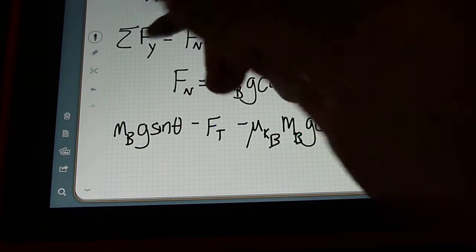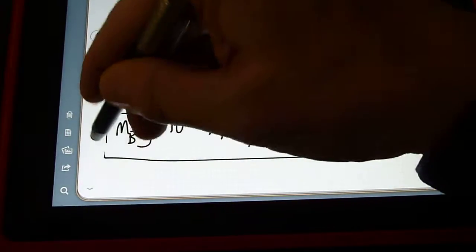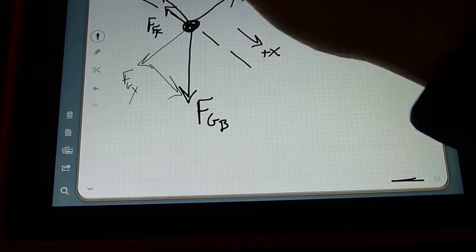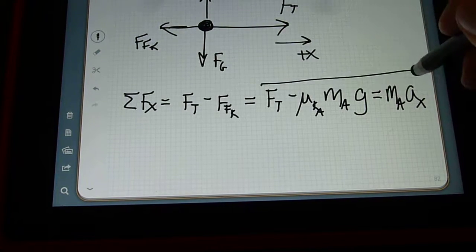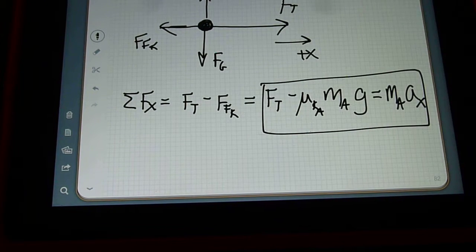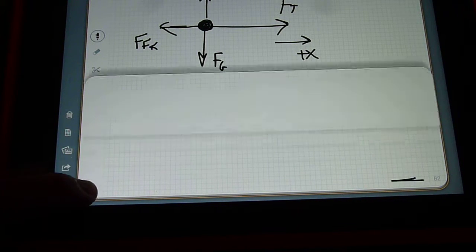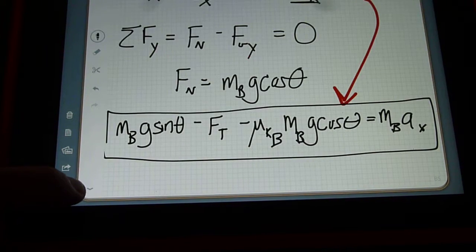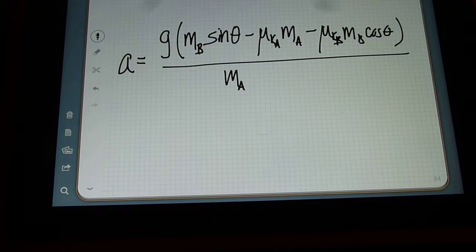So now this is going to be my other useful equation. I'm going to pair that one with this equation. I've got two equations, two unknowns. So this equation combined with this equation in the box here will give me this for my acceleration.